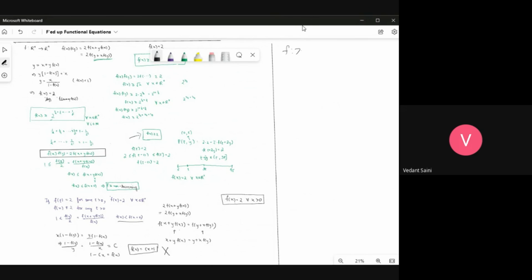And all functions from Z to Z satisfying.